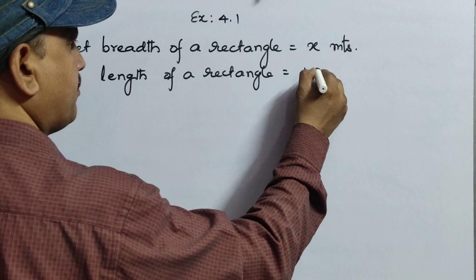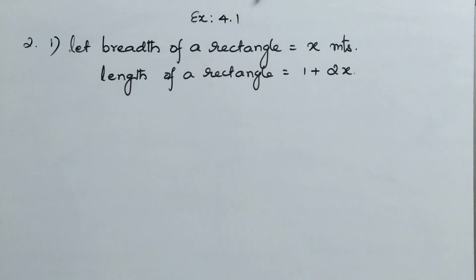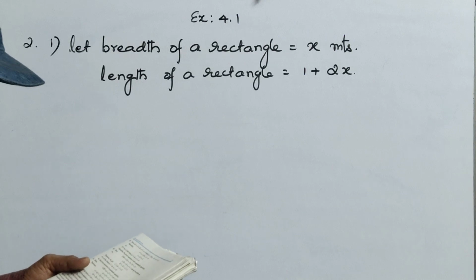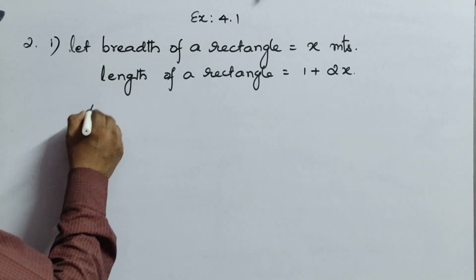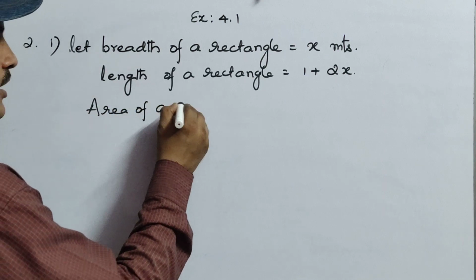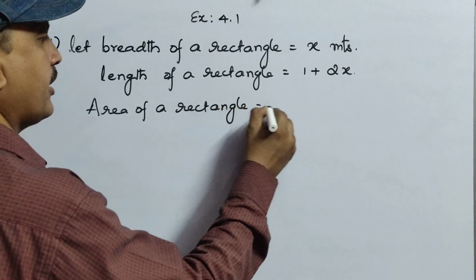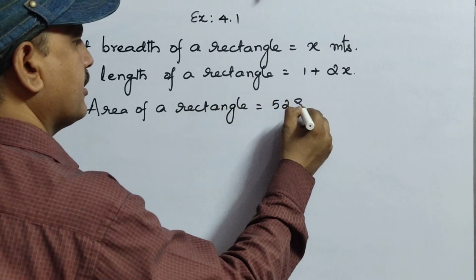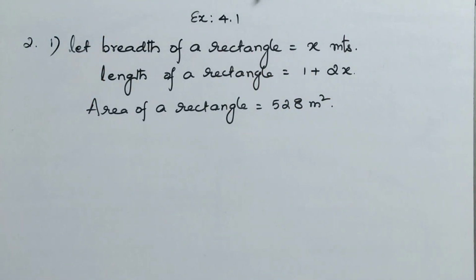That means 1 plus 2x. So that is the length. Now, the area of the rectangle is 528 meters square. Area of the rectangle equals 528 meters square. This is what he has given in the question.